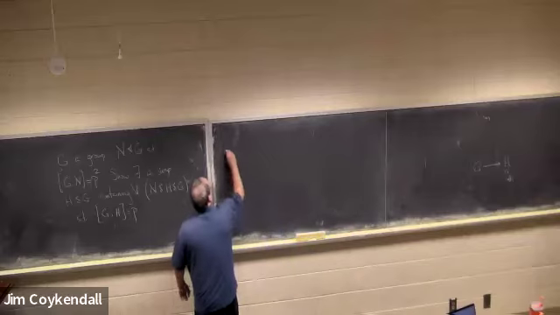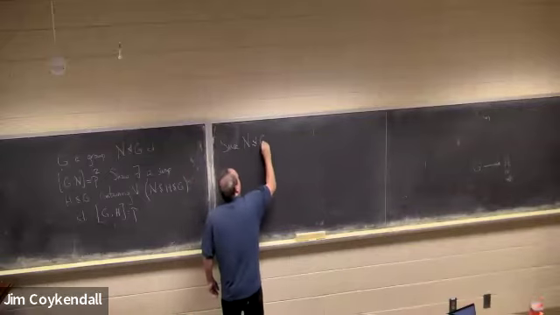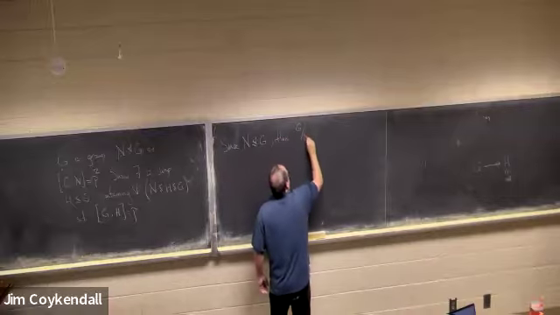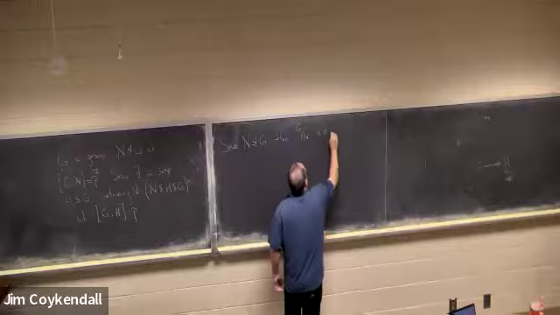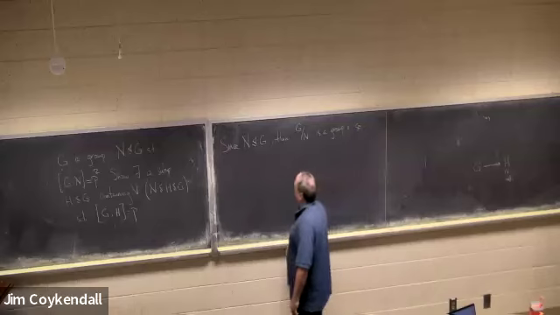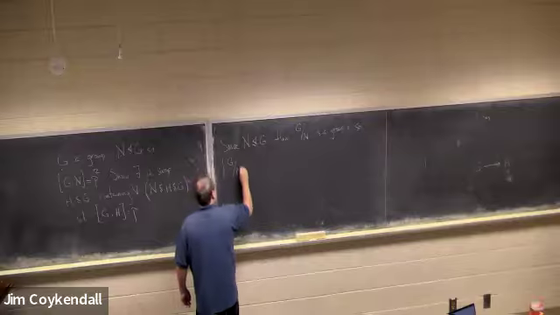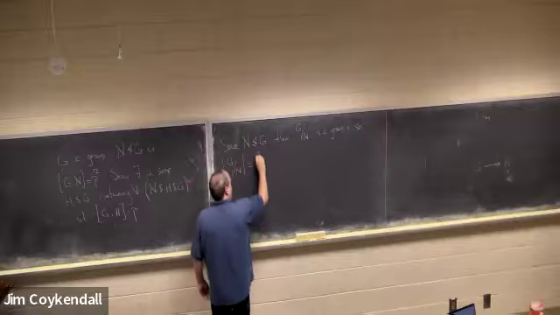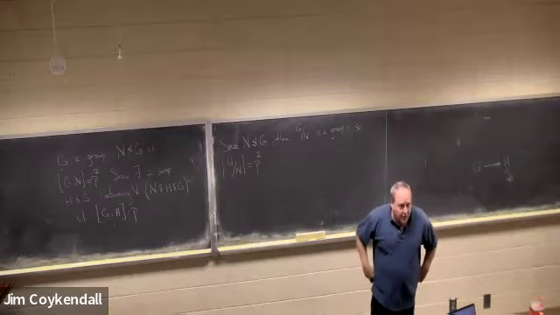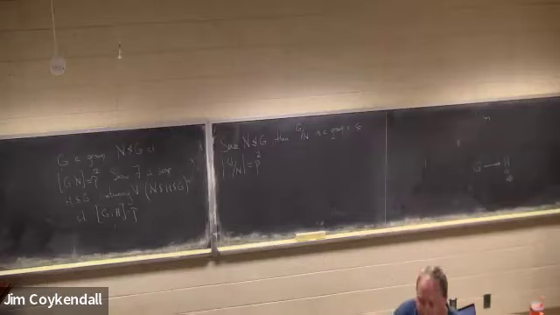So since N is normal in G, then G mod N is a group. And so the order of that group is the number of left cosets, which is that index P squared, right?